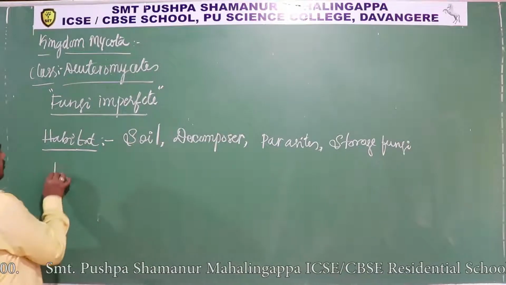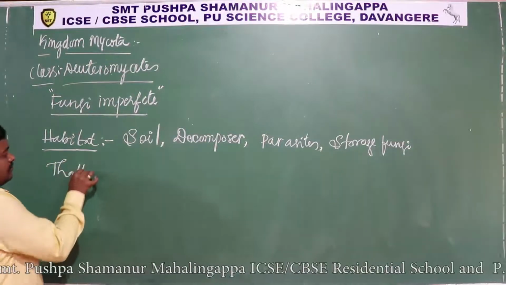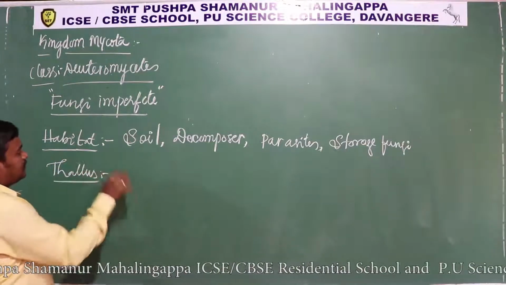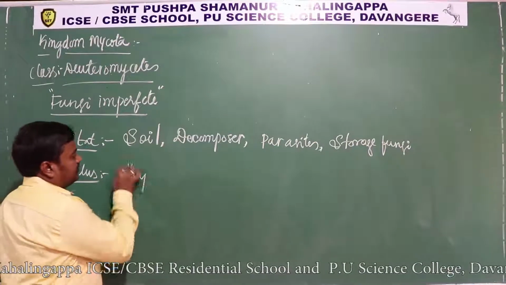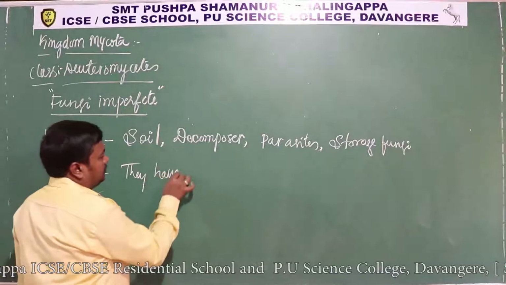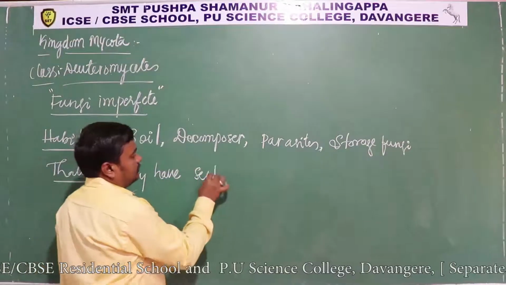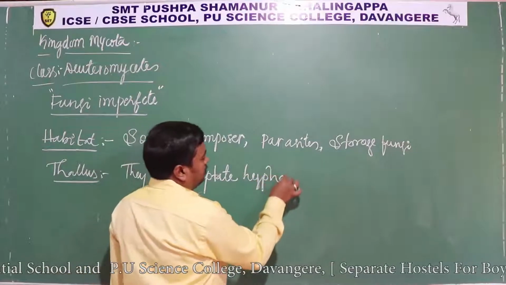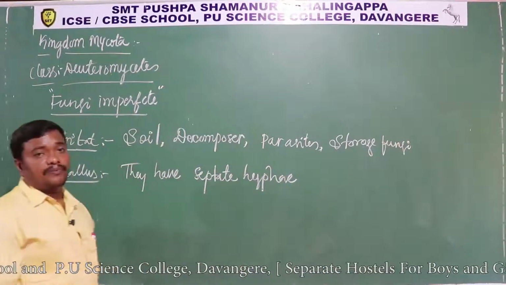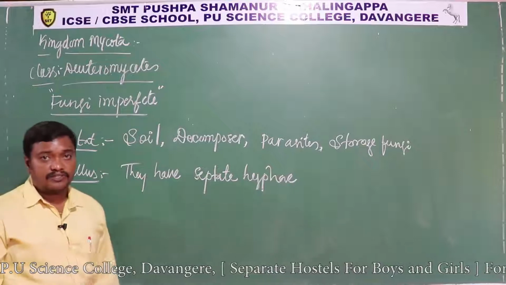How do they look? What is the thallus nature? They have septate hyphae, similar to ascomycete and basidiomycete.